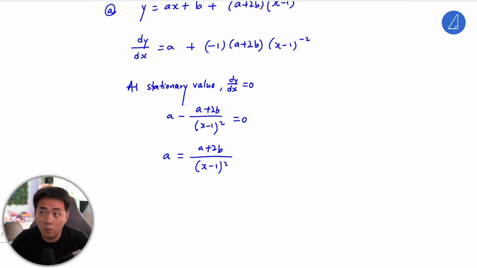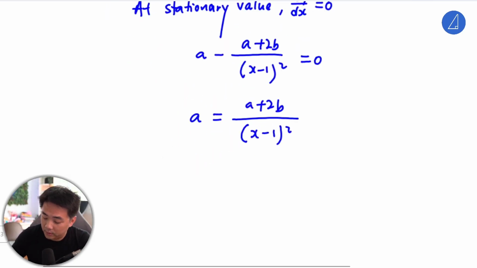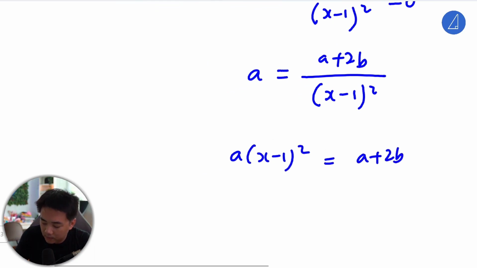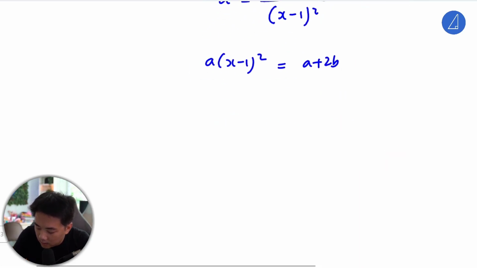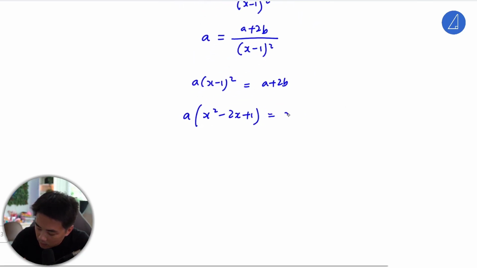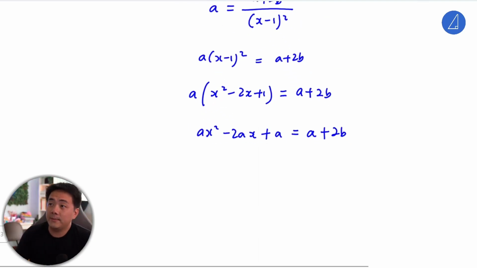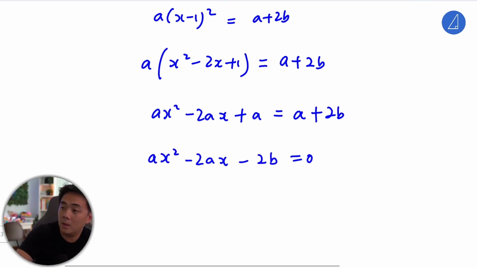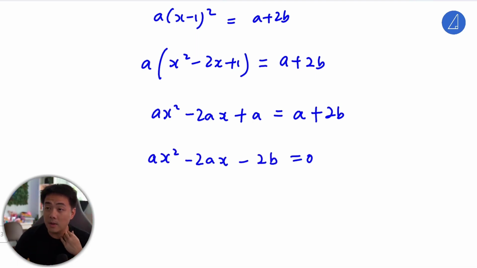So I'm going to multiply both sides by x minus 1 squared, so this is a times x squared minus 2x plus 1, and then simplify everything. Once I expand everything, I can simplify this as ax squared minus 2ax minus 2b.